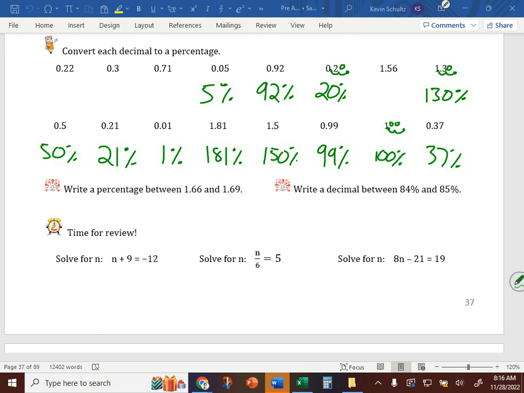You said 1.67, which is the correct decimal, but as a percentage. So what would 1.67 be as a percentage? 167%.